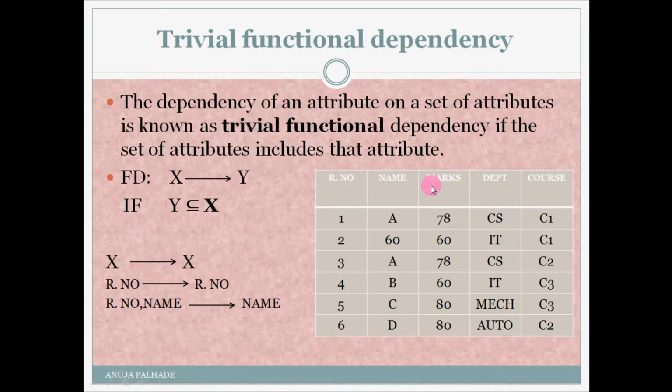In the previous case, if marks and department determines department, then it is true. It means this subset must belong to the total set, so it is a subset in this case. So this is the trivial functional dependency. I hope you understood.